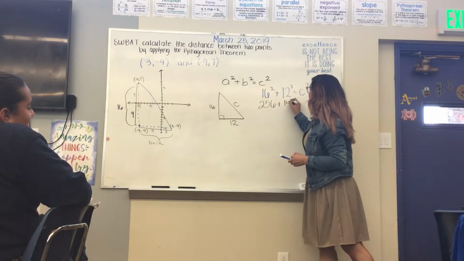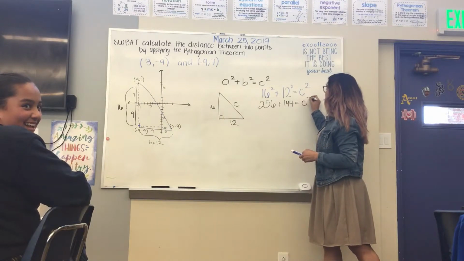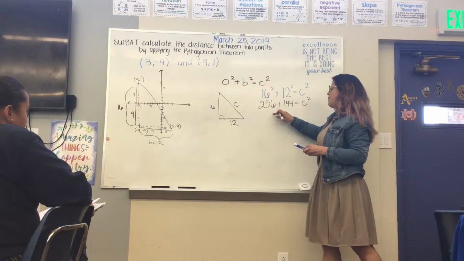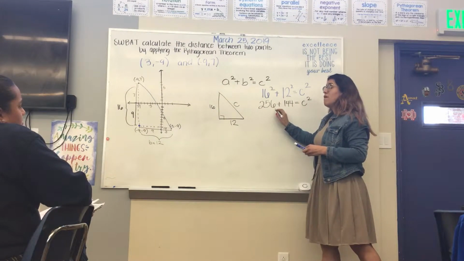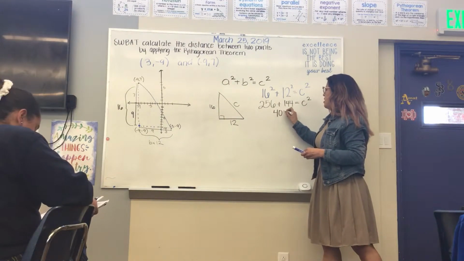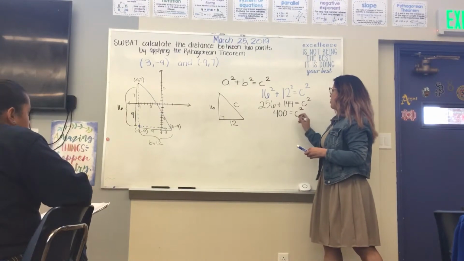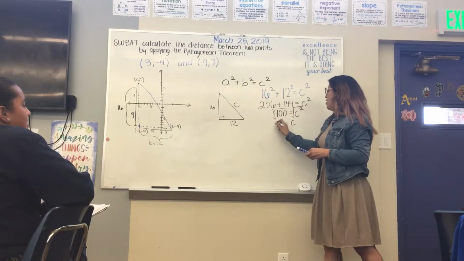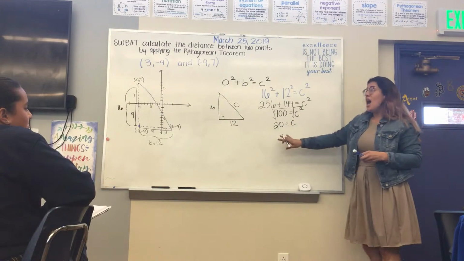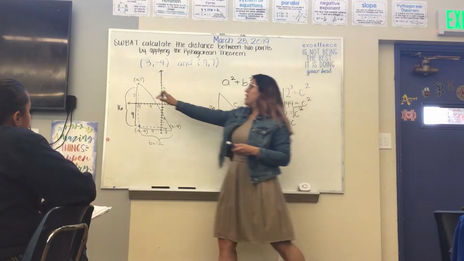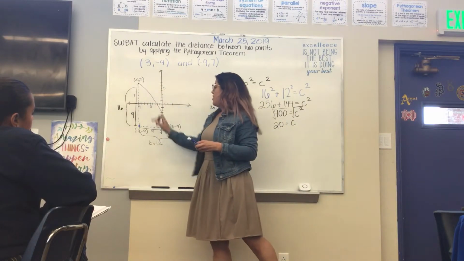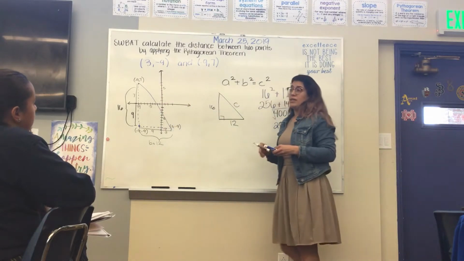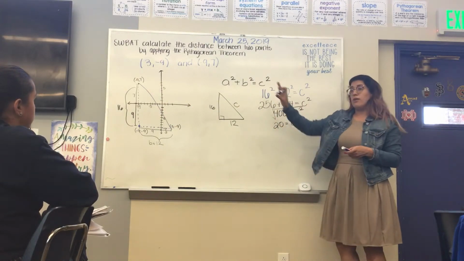And the sum of those two will be C squared. 256 plus 144 is 400, equals C squared. This is another perfect square, so when we find the square root, C equals 20. So now I know that the distance between the two points is 20 units apart because I found the hypotenuse.